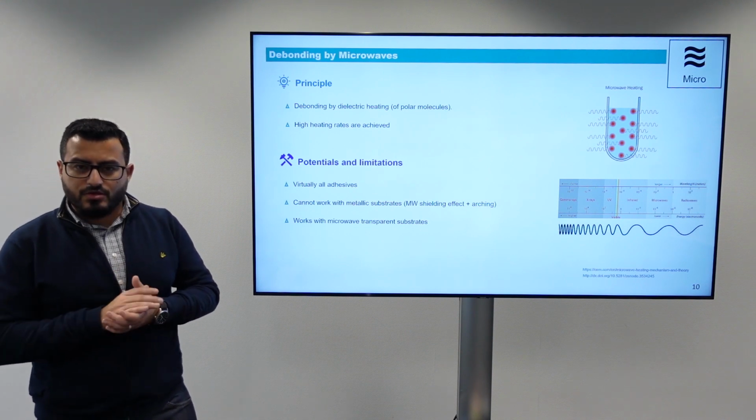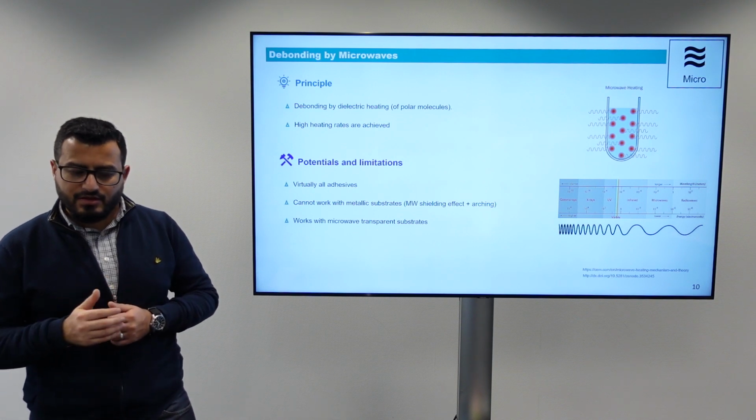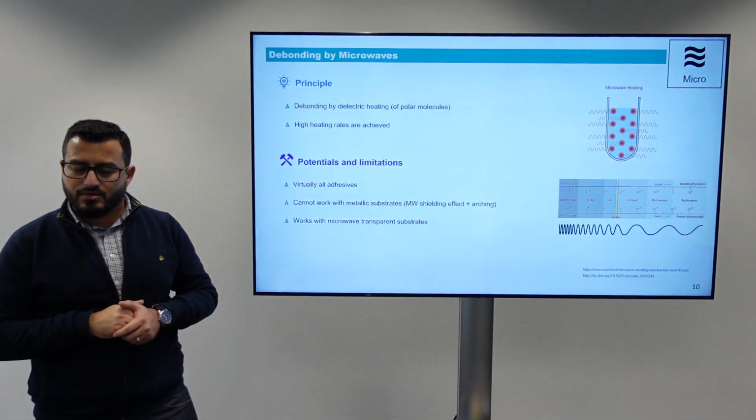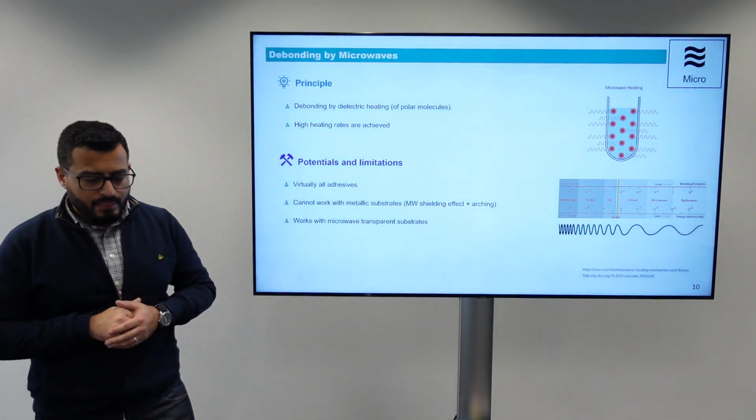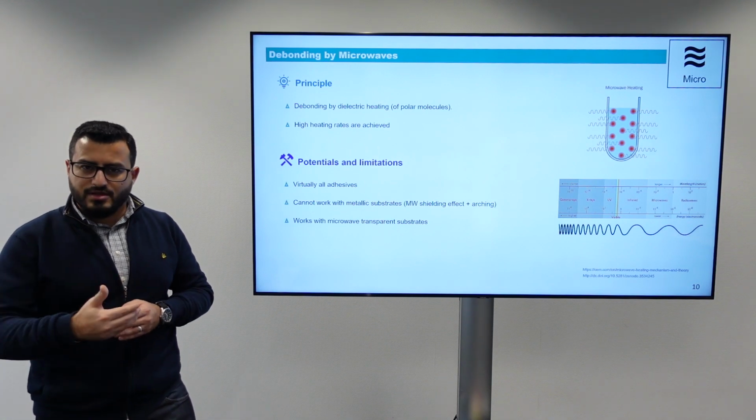But it cannot work with metallic substrates, because then you risk either having an arcing effect or a shielding effect from the microwaves. And of course, it has to work with microwave transparent substrates in order to reach the adhesive and to cause the heating.